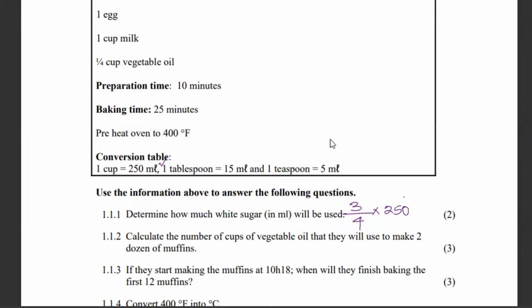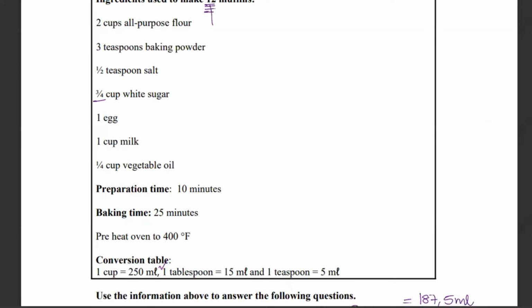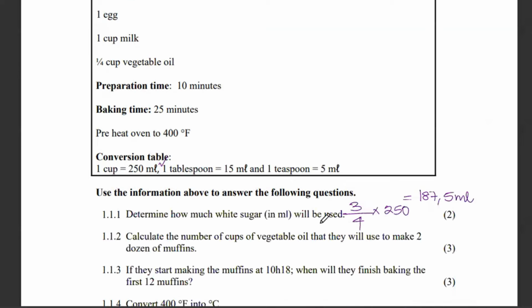Then we go to the next question. Calculate the number of cups of vegetable oil that they will use to make 2 dozens of muffins. First and foremost, you have to find out the ingredients given to you. How many muffins do they make? So here they are making 12. Now they're asking us to make 2 dozens.